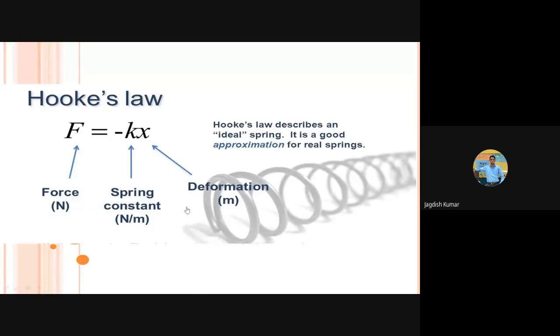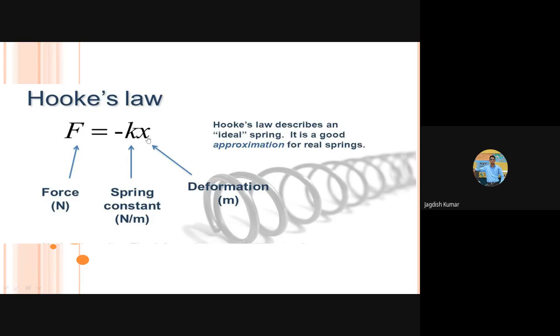But when we go beyond that, what may happen? You may get a lesser restoring force. Ideally, if you keep on increasing the deformation of the spring from the equilibrium position, the force should keep on increasing linearly, isn't it?